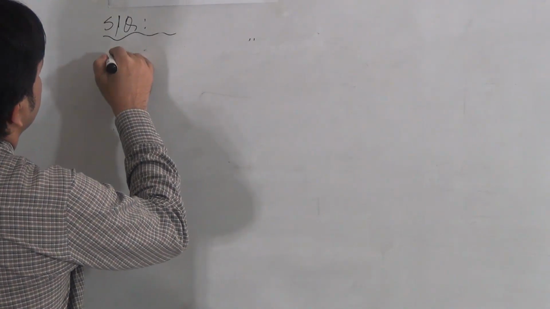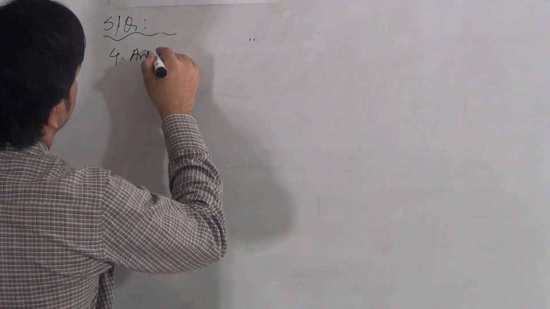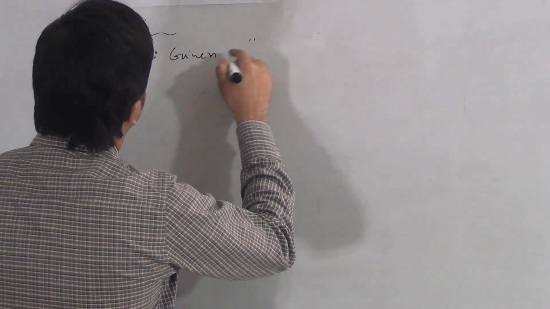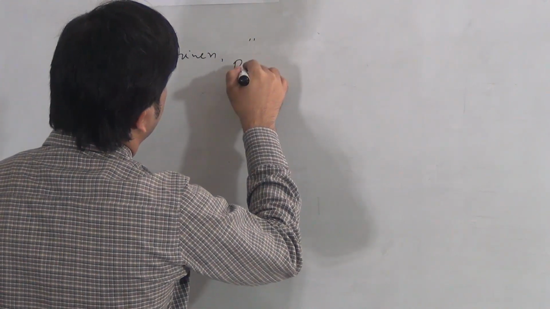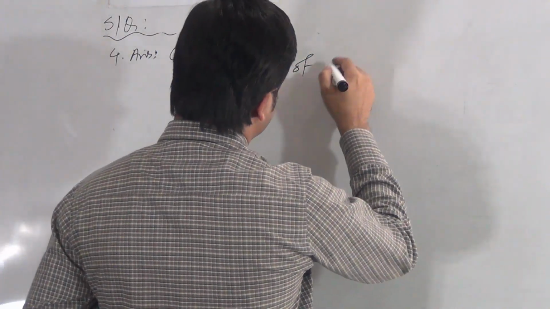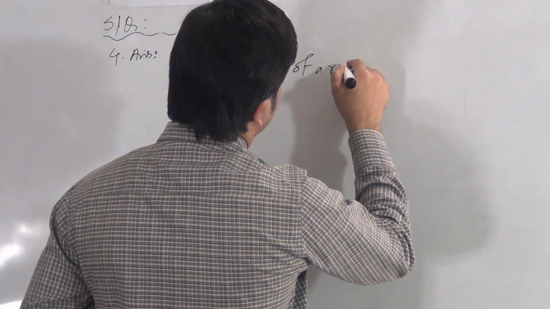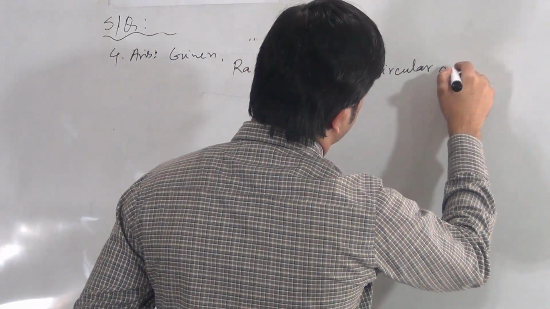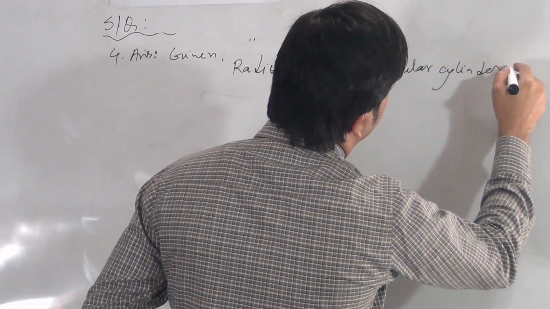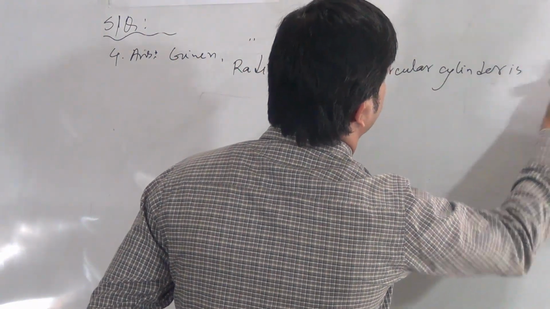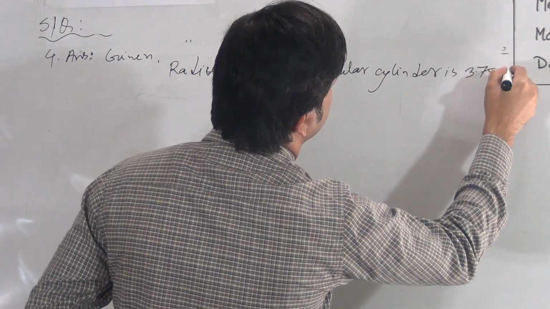The given information is: radius of a right circular cylinder is 3.75 centimeter.